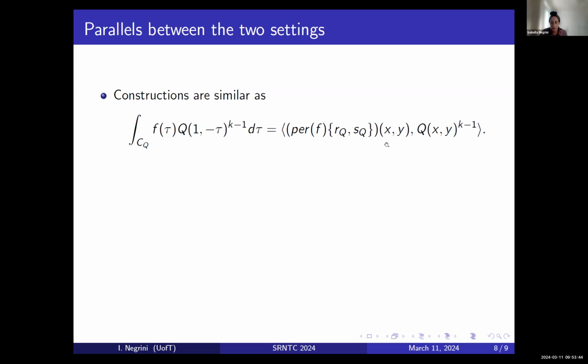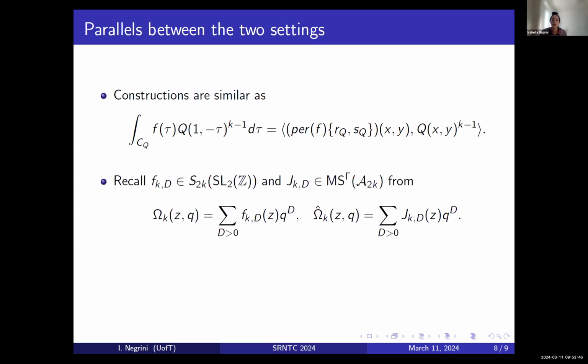Okay, so now I want to conclude with an example. So this rigid Shintani map, when it factors through modular forms, it factors through integral weight modular forms with the usual Shintani map. So indeed, if you recall from the beginning of the talk, remember the Zagier forms, which were the coefficients of omega k, which is the function of two variables, giving the Shimura lift.